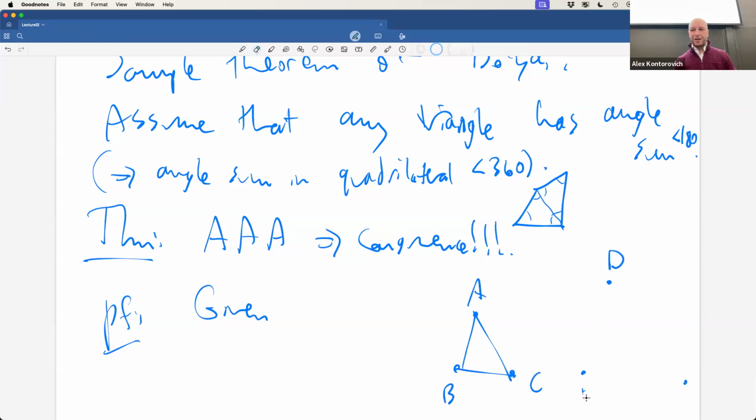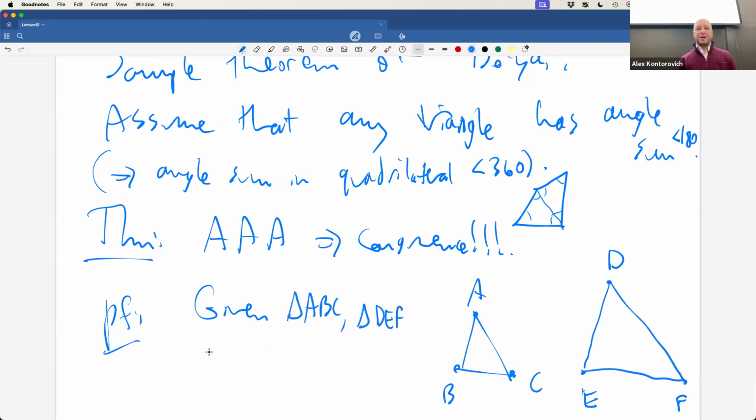Whoops, that's supposed to be an E. So we're given triangles ABC and DEF with angle A equal to the angle at D, angle B equal to the angle at E, and angle C equal to the angle at F. This angle matches that angle, this angle matches that angle, and this angle matches that angle.